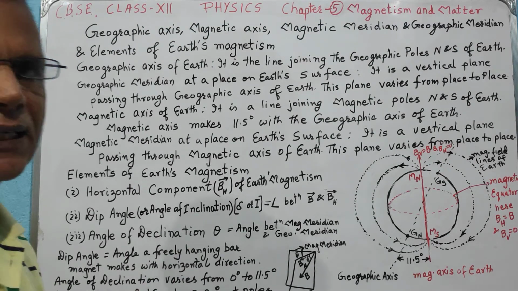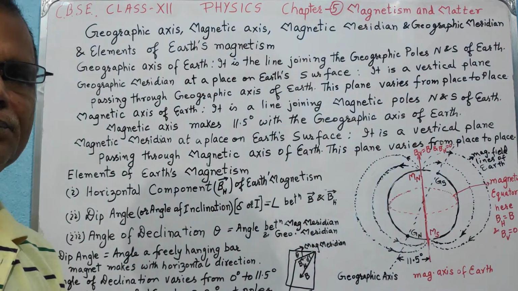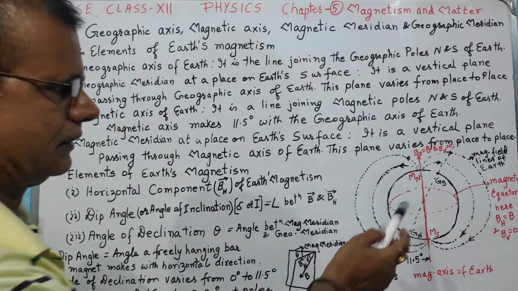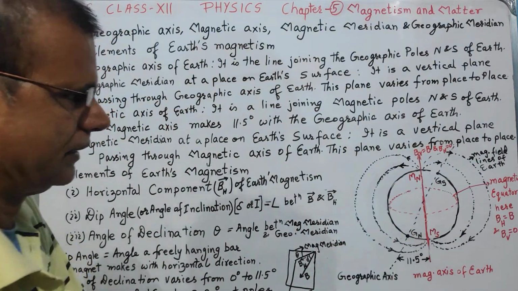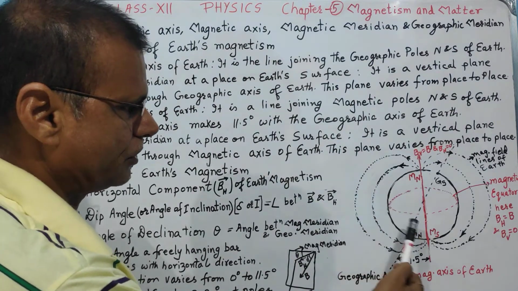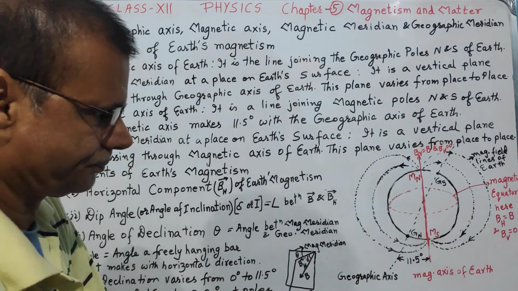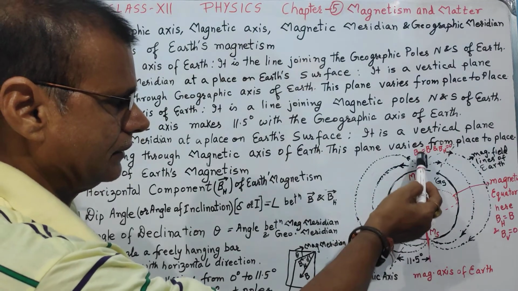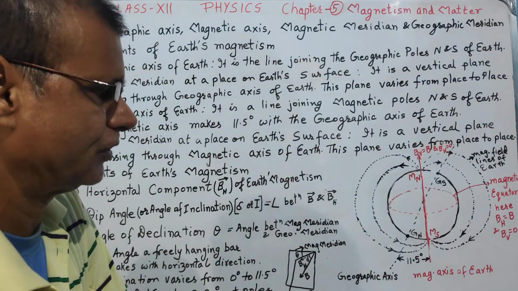You can understand that the magnetic field of earth is like this, as you can see over here. We have drawn the diagram of earth, and the red line shows the magnetic axis of earth.